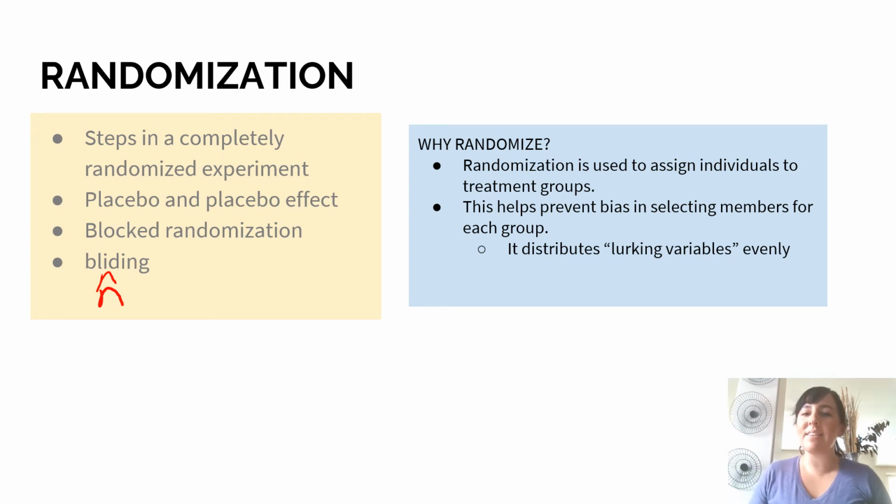Randomization is used to assign individuals to treatment groups, all right? So if you're going to assign individuals and move them to different groups and then do a study on them, you're clearly not just observing them, right? Obviously. Remember we were talking about observational studies and then experimental studies?